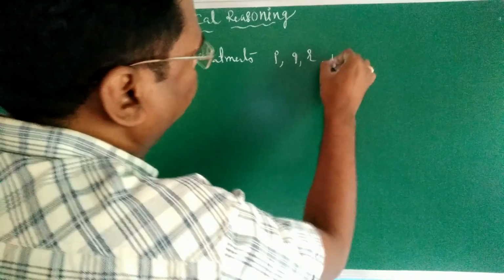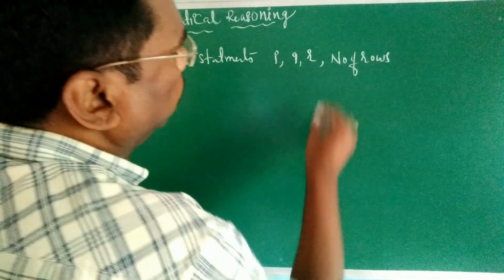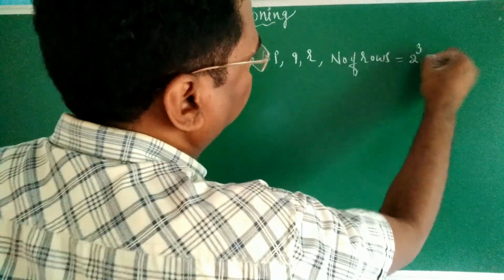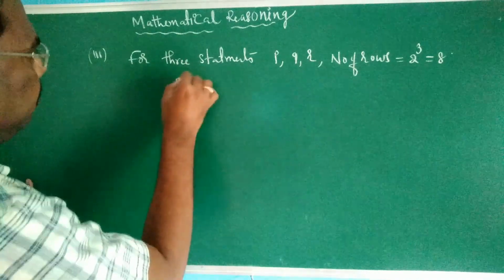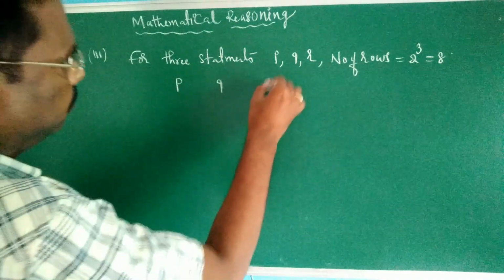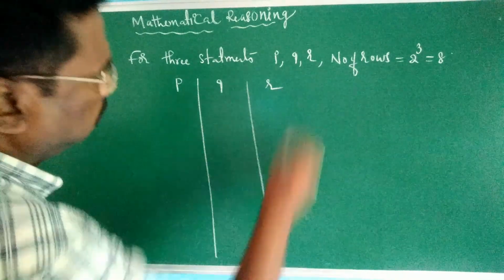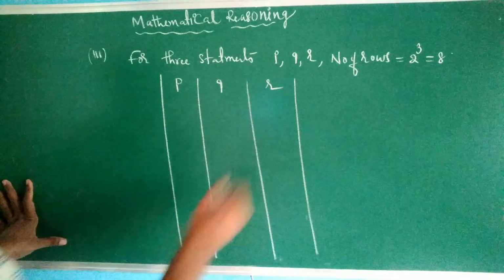The number of rows is equal to 2 cube, which is 8. Here the statements are P, Q, R.